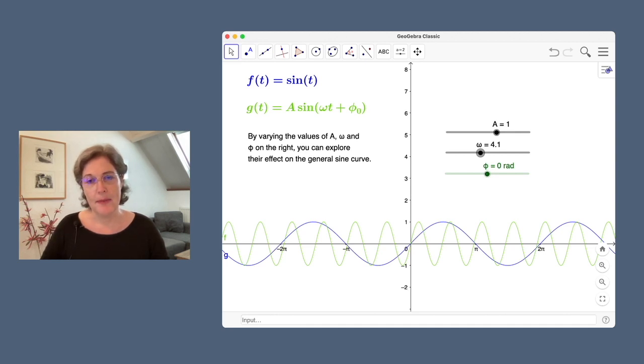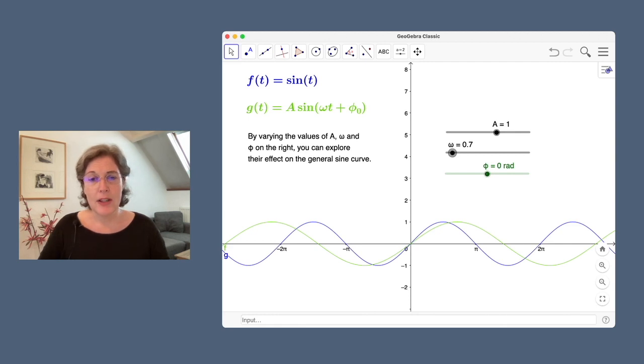But just like with our amplitude, there's no reason why we only have to increase omega. We could also decrease it. And now you'll see that as we decrease omega, we're getting not even a complete oscillation in the time period 0 to 2 pi.